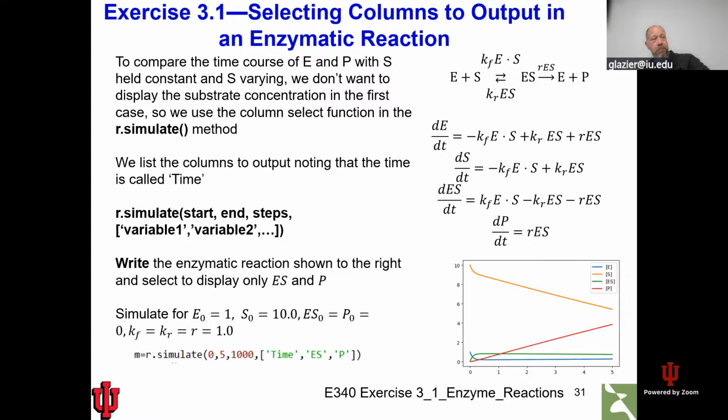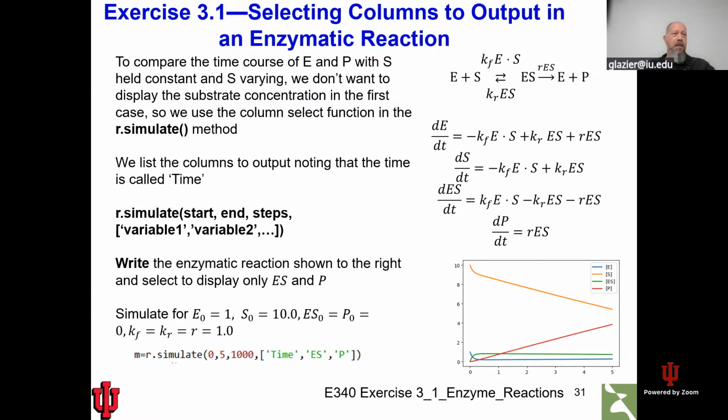And if you make Kf not equal to Kr, that will also give you different behaviors. So a lot of the time when I give exercises like this, if you've got the exercise done ahead of the other people in the room, try exploring what you can do with it.